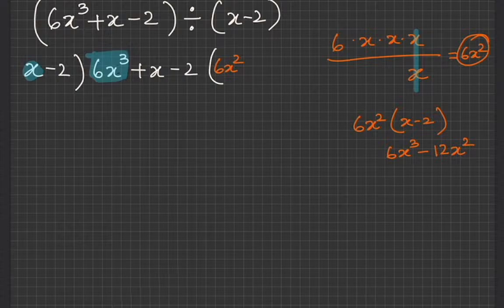As you can see from here, I don't have an x squared term. I have a 6x cubed, and then next to that is an x to the power 1. That is the x basically, or an x to the power 1.